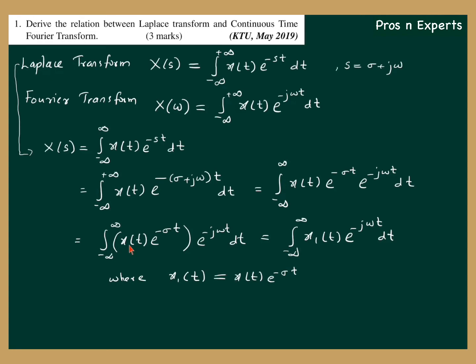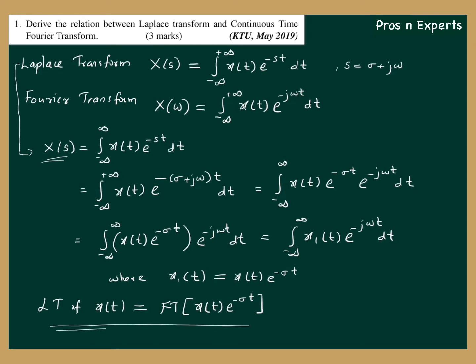So what we can conclude is that the Laplace transform of x(t), that is X(s), is nothing but the Fourier transform of x(t) into e raised to minus sigma t. That's what you can see in this equation. So this is the link between Laplace transform and Fourier transform.